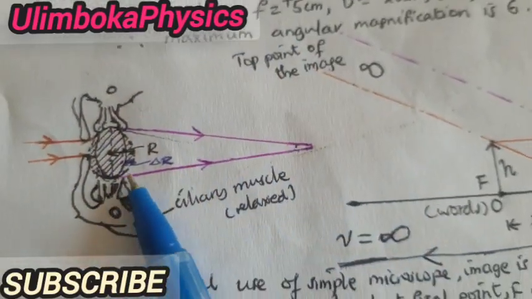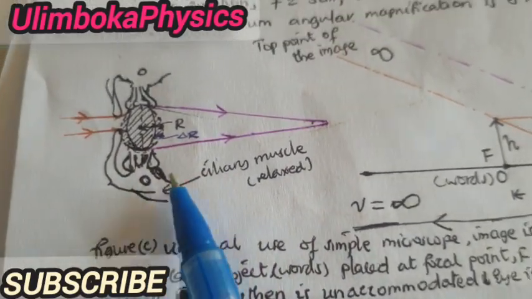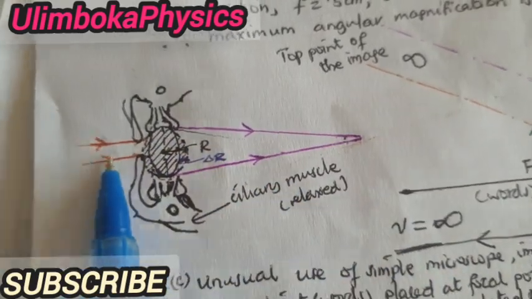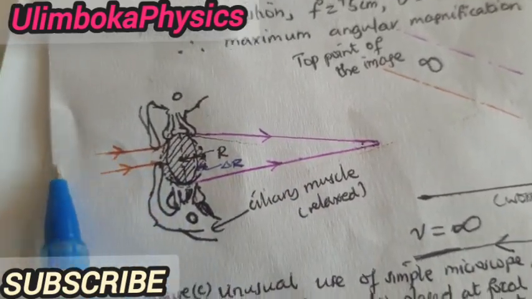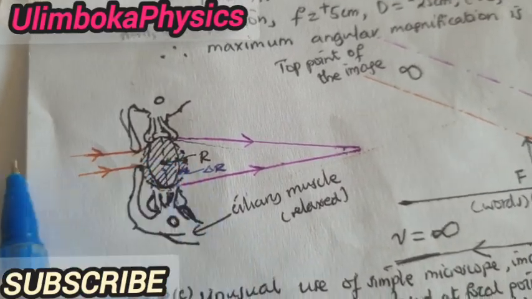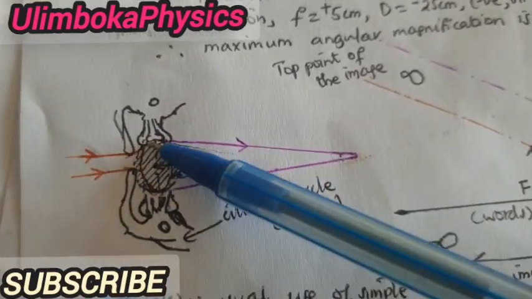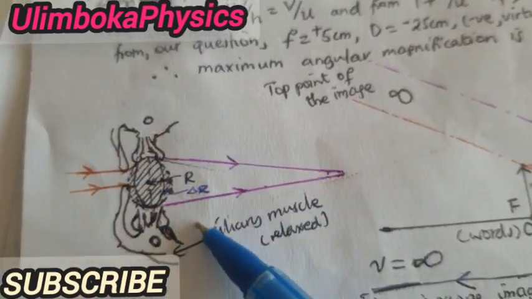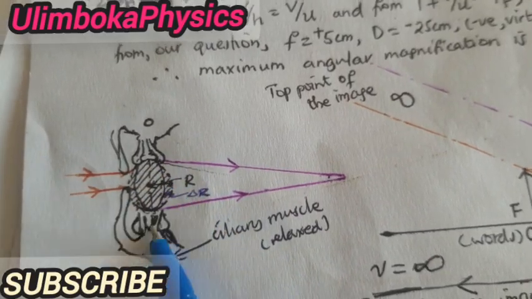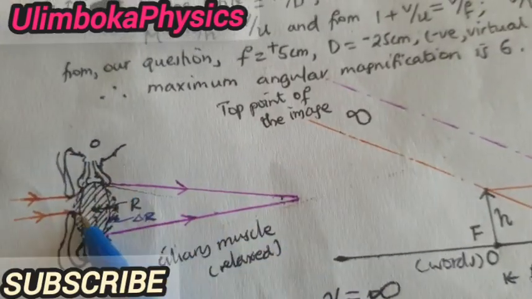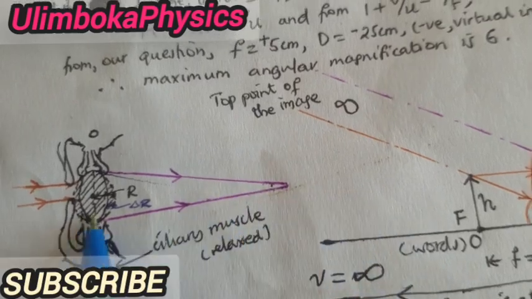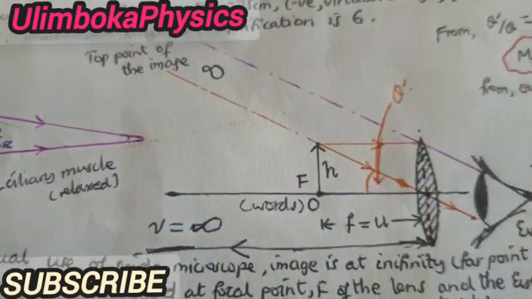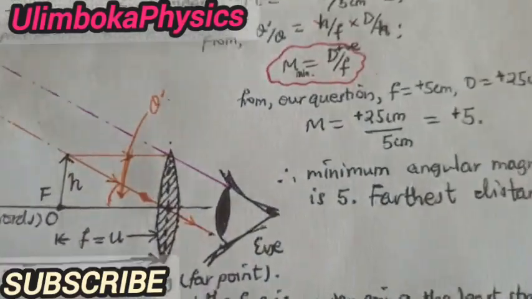Therefore, the strain here is very, very little, and that's why it is in the negative sense, because at first it is at this dotted line, but after focusing the image, which acts as the final object coming from far, the ciliary muscles and the suspensory ligaments tend to relax, causing the eyeball to increase along the vertical. Therefore, under these conditions, the focal length of the eyeball is increased, and we say that the eye is in its most relaxed state.